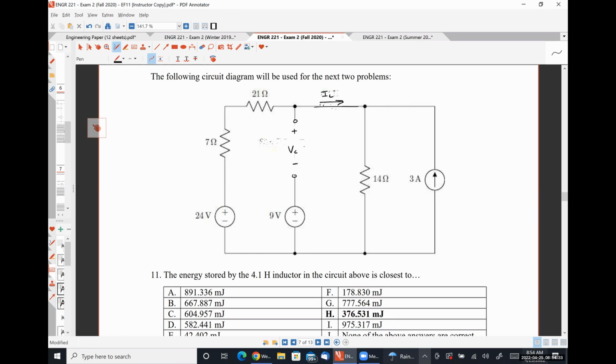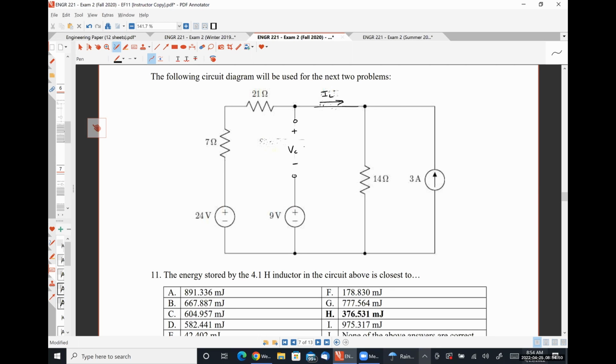To solve problems 11 and 12, all we need are to know that current IL and that voltage VC.